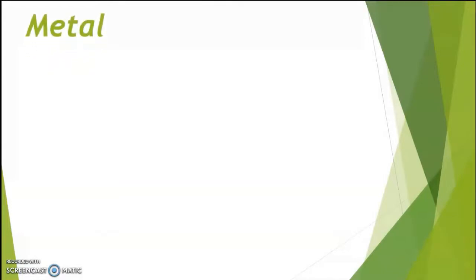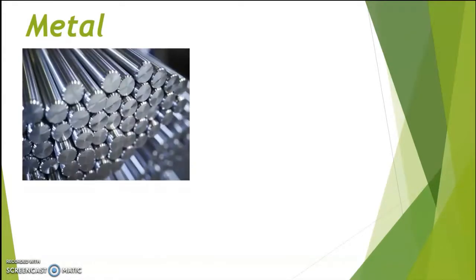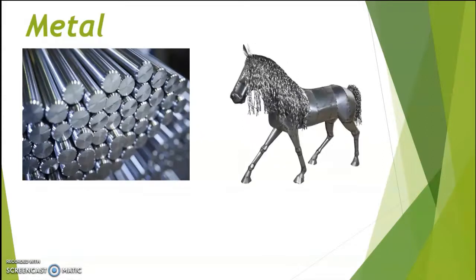now metal. As you can see in the picture, look at this, a horse made of metal. Again, yes, it's a horse made of metal. Now, metal is a material. The properties of metals.